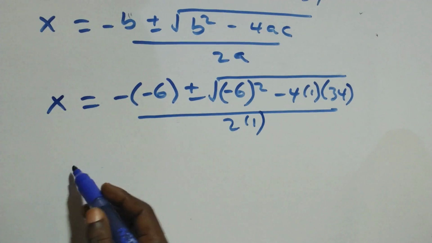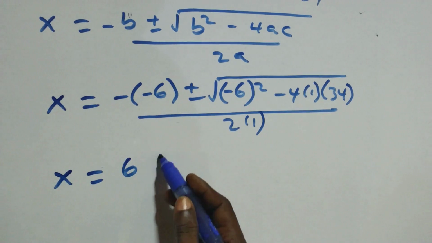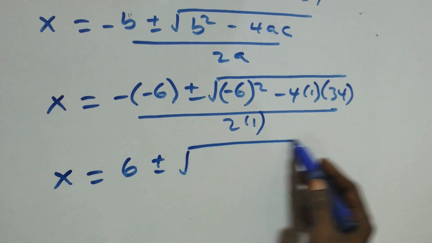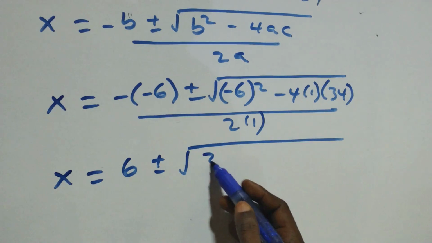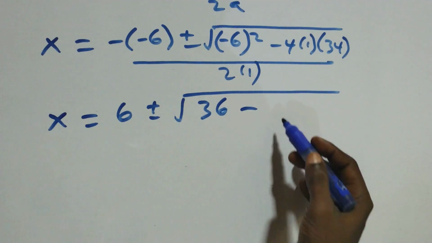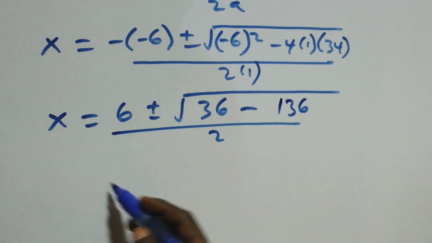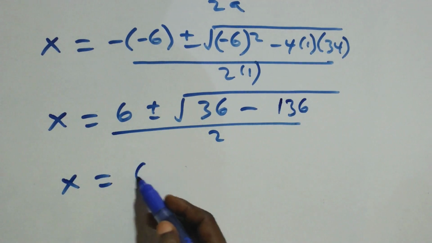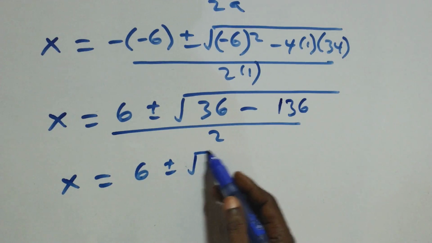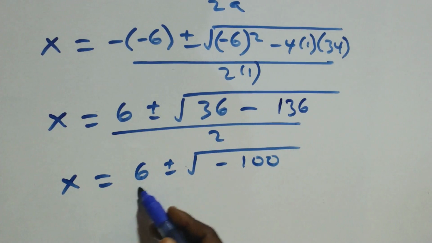Here we have x equals to, minus times minus as plus, and we have 6 plus or minus square root of (minus 6) squared, that's 36, and minus 4 times 1 times 34. You have 136, then over 2 here. And this becomes x equals to 6 plus or minus square root of 36 minus 136, that's minus 100, then over 2.